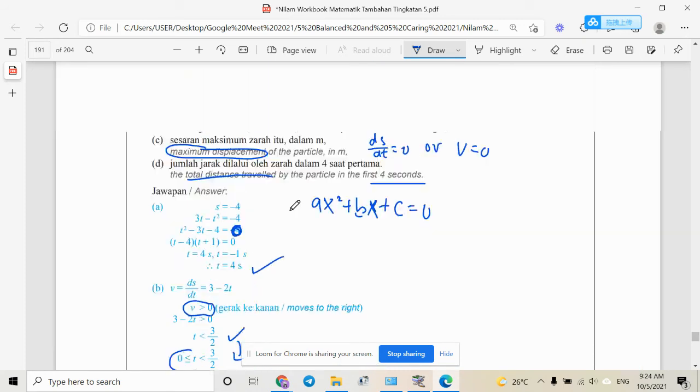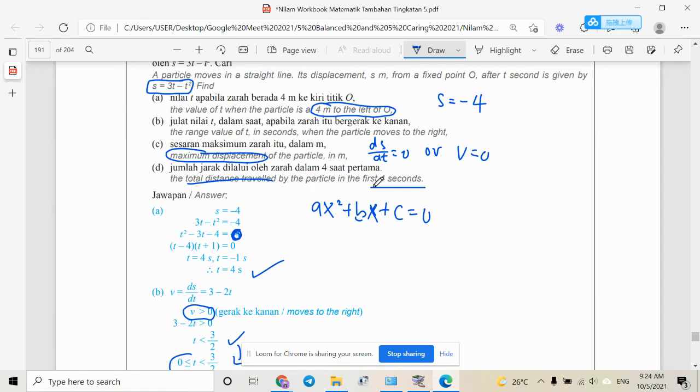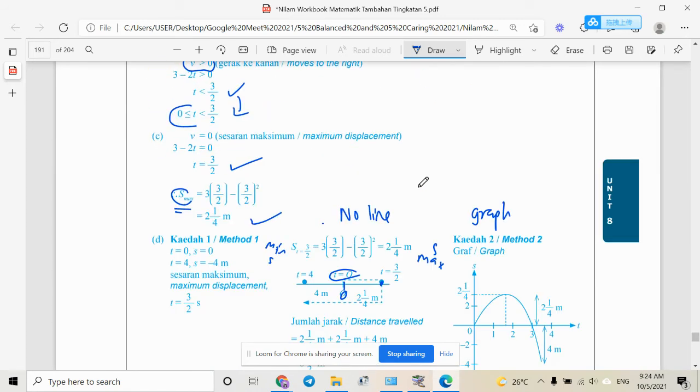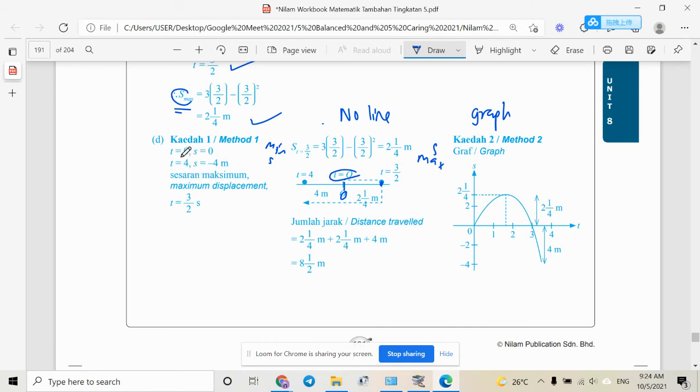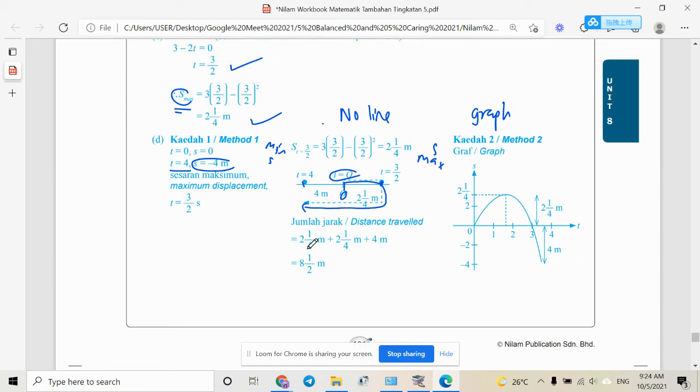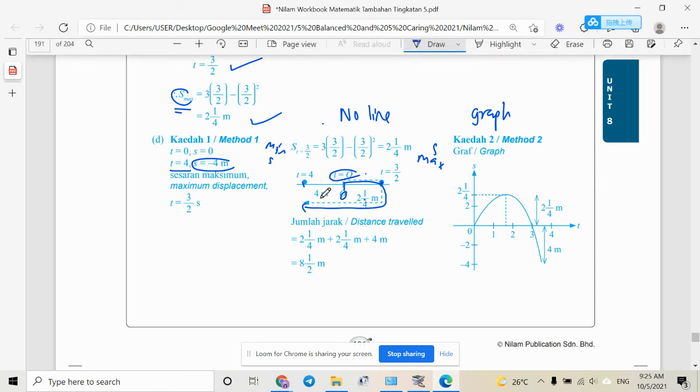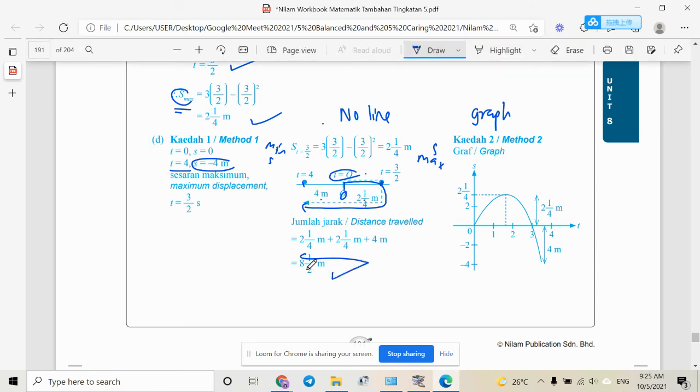The question got said or not, in the first 4 seconds. So you try to find t equals 4. What is the s? So after t equals 4, you get the s is -4 meter. So meaning that at this part, -4. So from here, you can find total distance travel. We know it moves like this. So you can use 2 1/4 plus 2 1/4 plus 4. Then you get the answer 8 1/2.